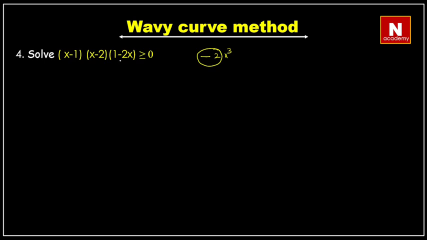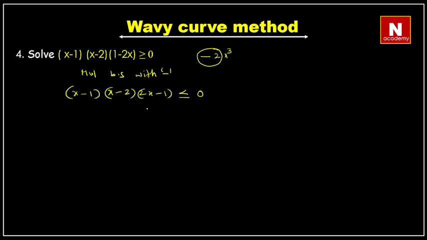So the question becomes (x − 1)(x − 2)(2x − 1) ≤ 0, since ≥ 0 becomes ≤ 0 when multiplying both sides with minus.